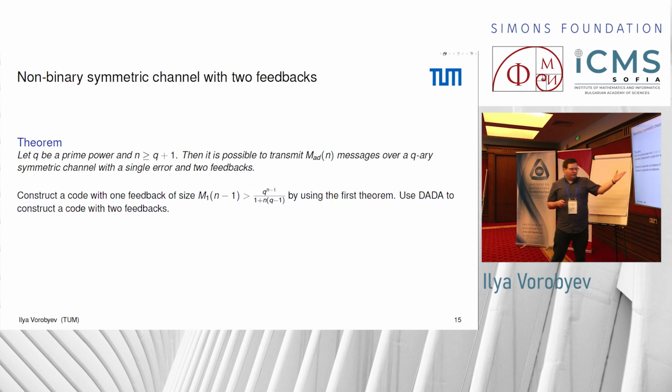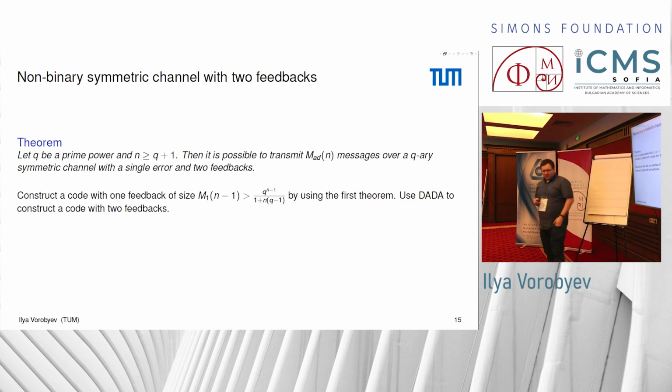Yeah, and this is proved again with the theorem from the beginning. We construct a code which is close to the best code, which is close enough to the Hamming bound, and then we use this data algorithm one more time to make it optimal.